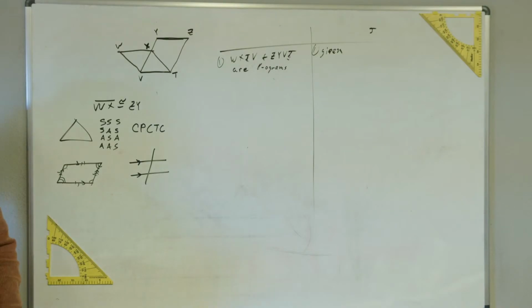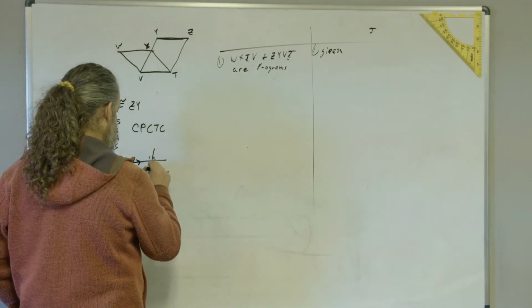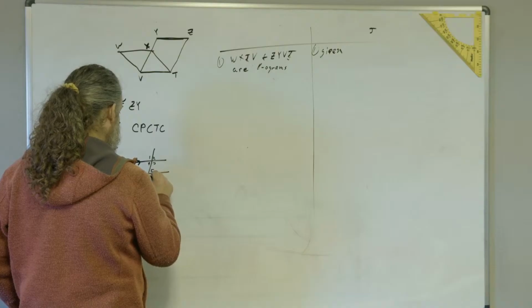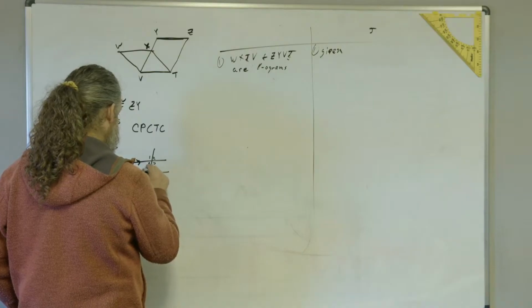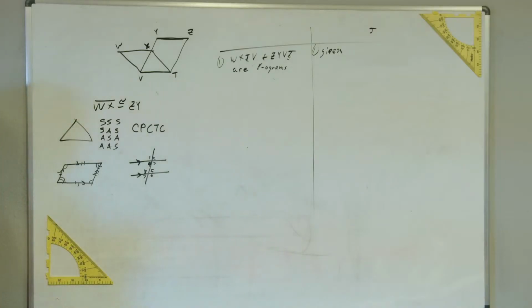Also, what are they? There's the transversal cutting through the parallel lines, true enough. I labeled those 1, 2, 3, 4, 5, 6, 7, 8, right? Which ones are congruent to which ones?